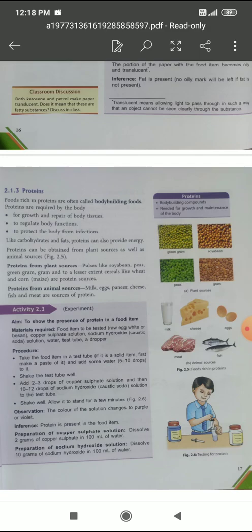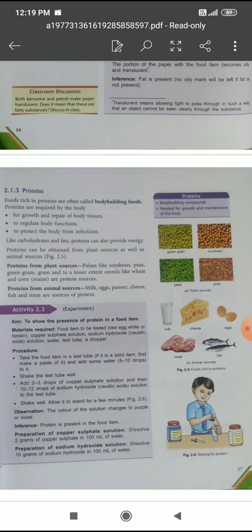Then here also one experiment is given. Here we experiment for the presence of protein in the food item. Okay. So materials required: food item to be tested: raw egg white or besan, copper sulfate solution, sodium hydroxide or caustic soda.